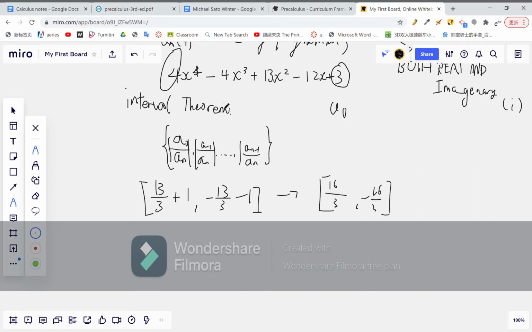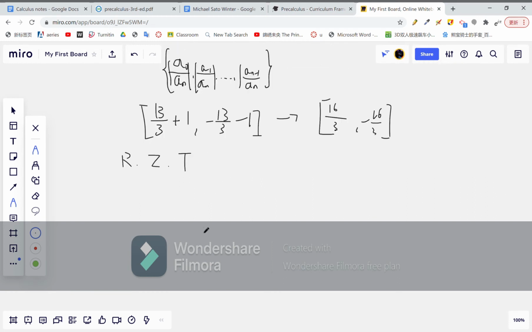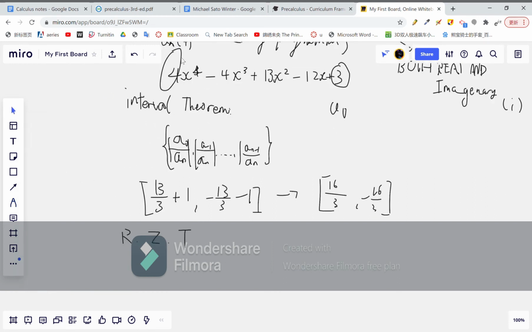Then we have to use the rational zero theorem. Let's copy this down first.